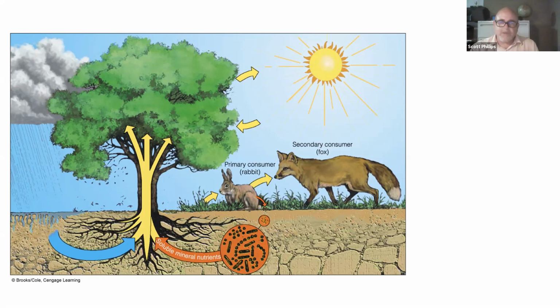The fox eats the rabbit, the rabbit eats the grass, the tree shades out the grass. But all of these things also are dependent on their physical environment, the other spheres, like the atmosphere for gases. There's exchange of gases with the tree, the sunlight, how it interacts with the Earth. Also, the lithosphere: they live on the solid rock part of the Earth, which also provides minerals and nutrients for the living things as well.